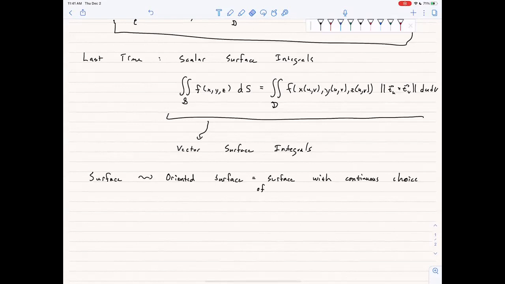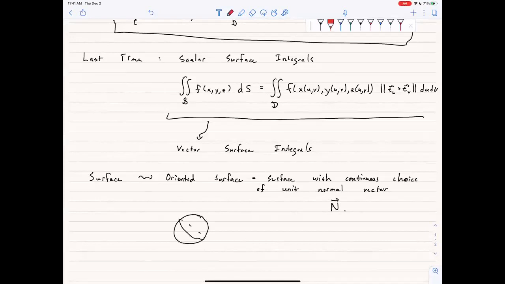We'll say you might as well make it a unit normal vector, which we'll call N, capital N. So this normal vector is changing as I move around my surface, but it's always normal, it's always a unit vector.